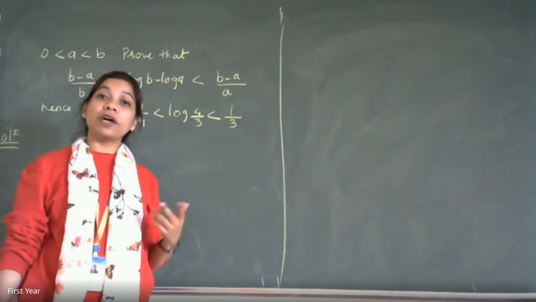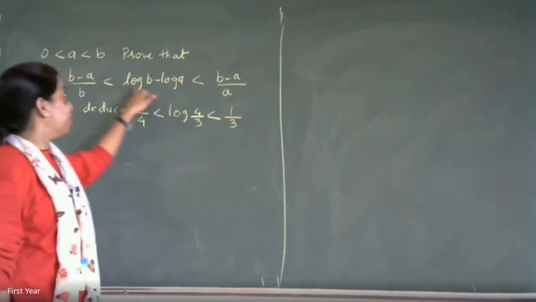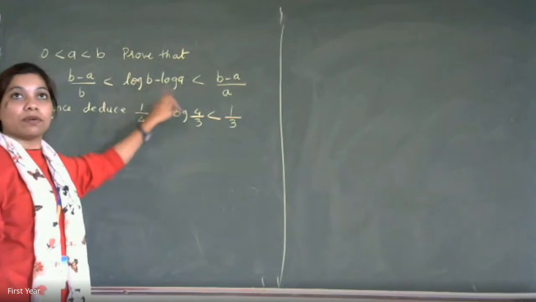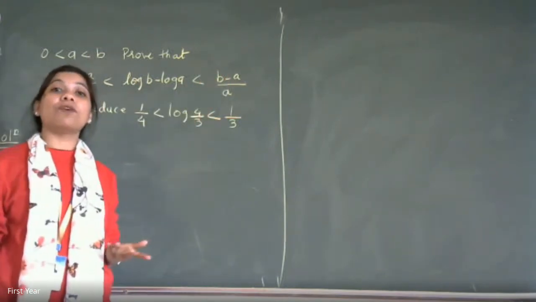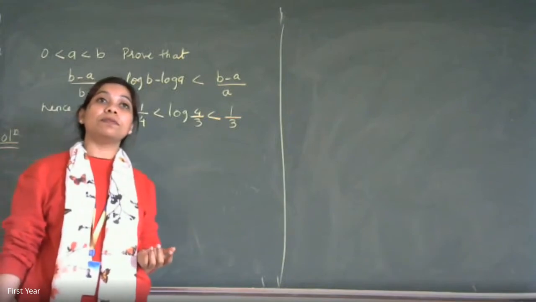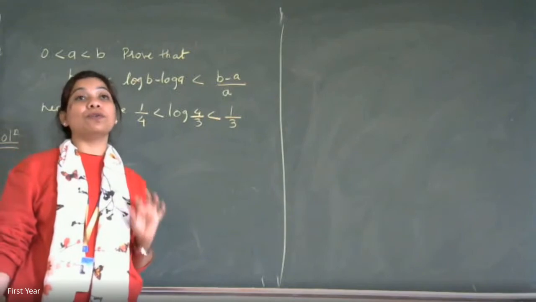If there are two functions, it is Cauchy's, but there is only one function, log. So which theorem are we going to use? LMVT. Is that clear, everyone? We are going to use LMVT.